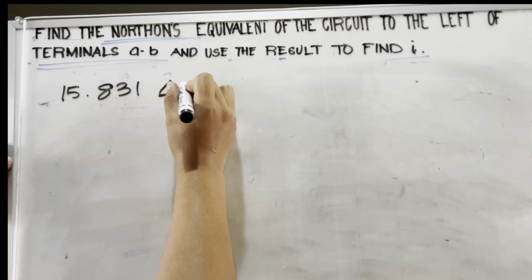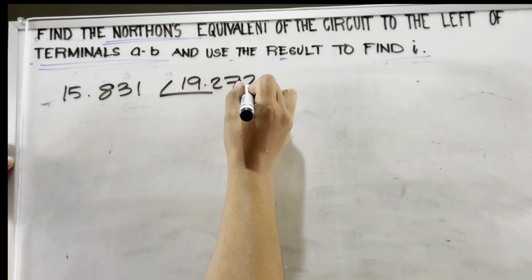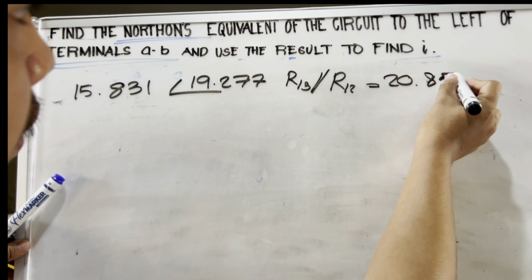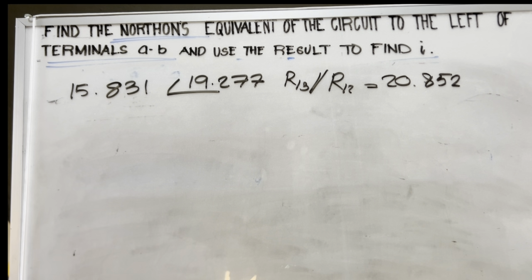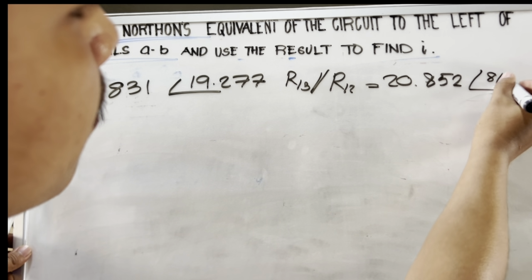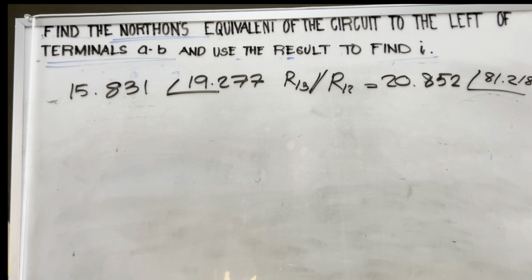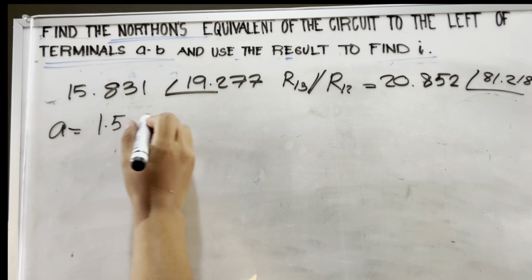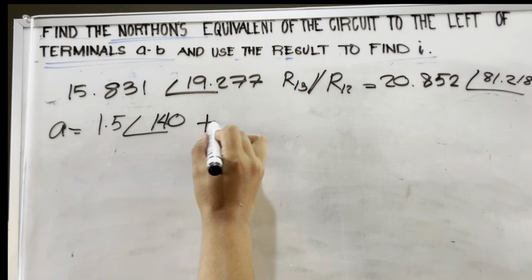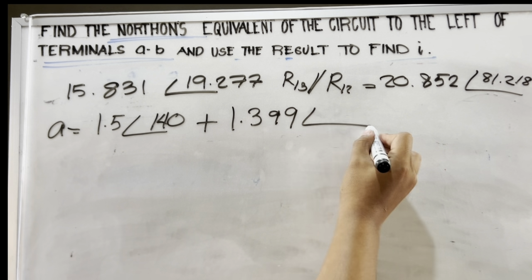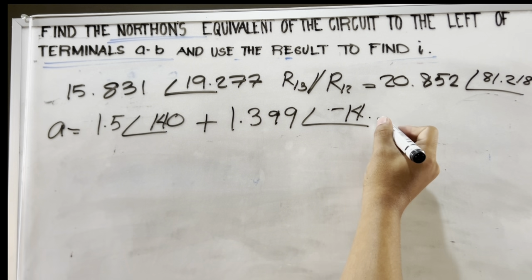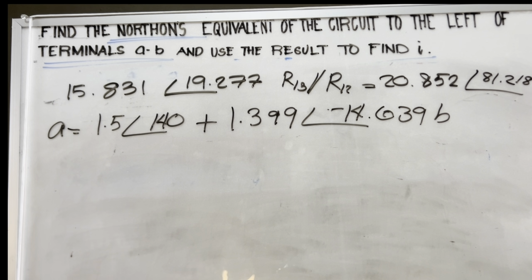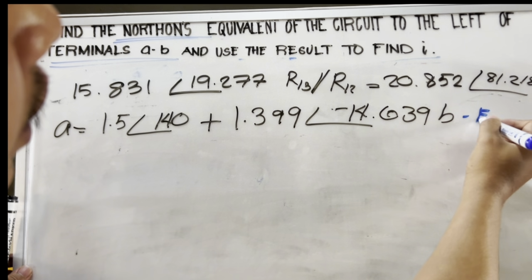We will now have A is equal to 1.5 angle of 140 plus 1.399 angle of negative 14.639 times B. Okay, this will become our equation 2.